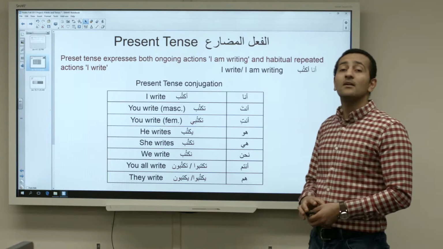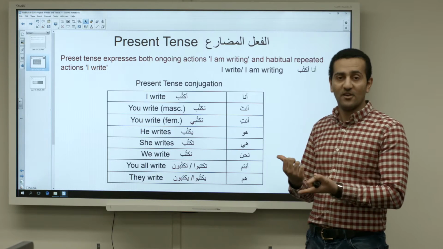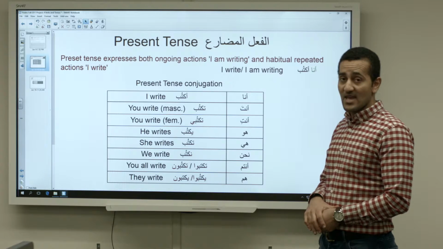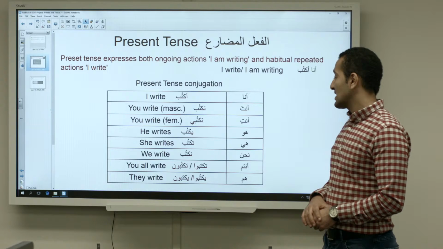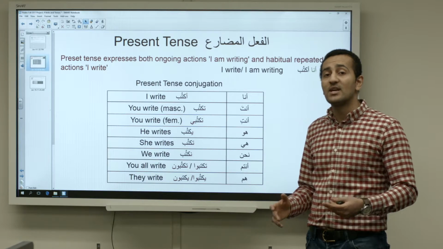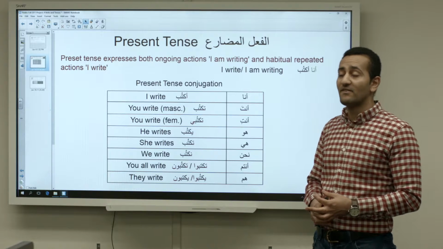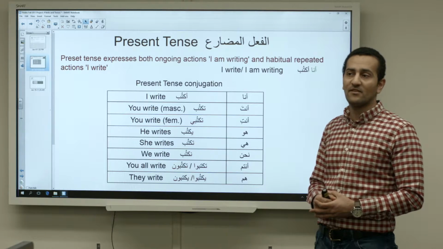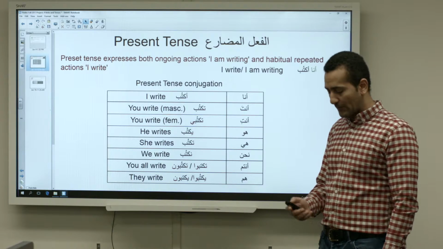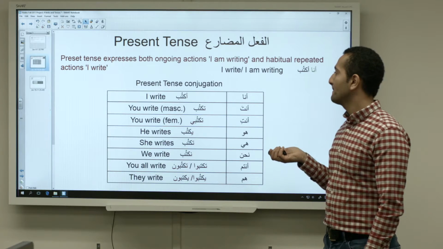So we add prefix and we add suffix to make the plural form of you, and we do the same with they. We say يكتبوا أو يكتبون. We add a prefix ya, and then we add the suffix u or un. Good. Let's continue.